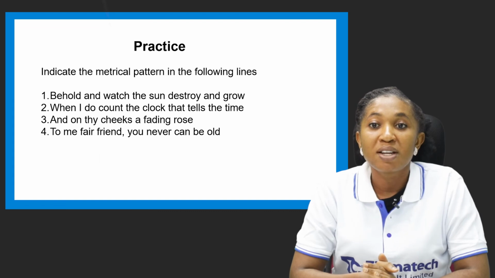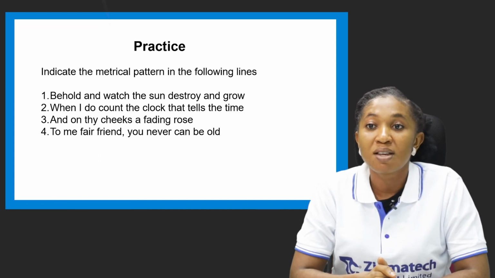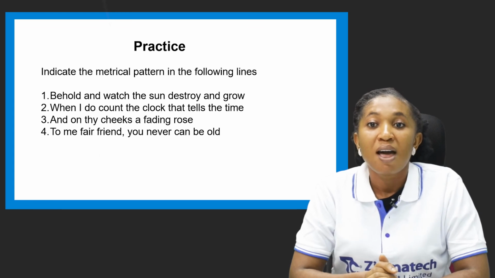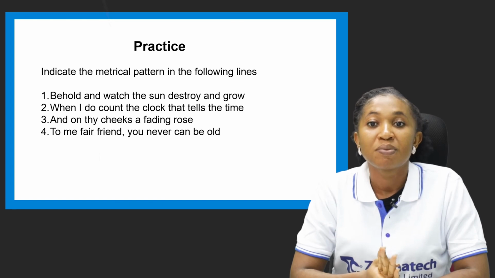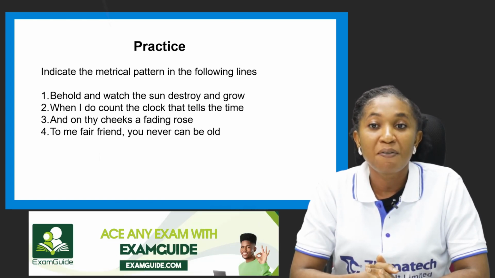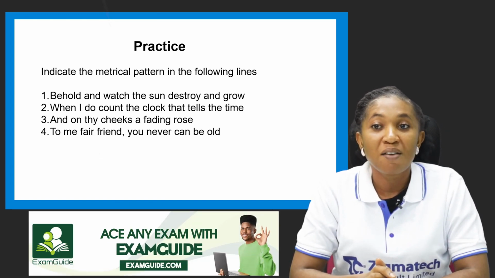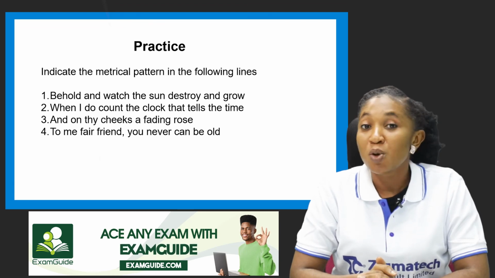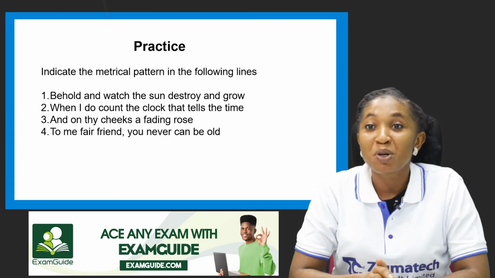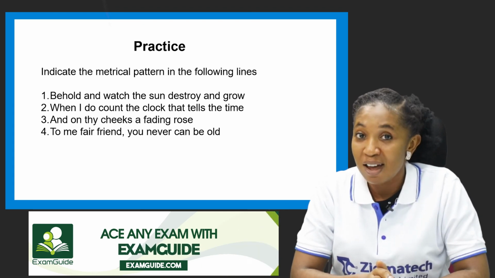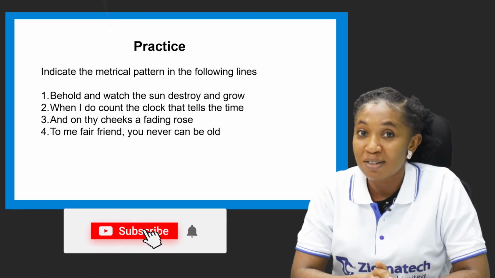Second one is, "When I do count the clock that tells the time." Number 3 is, "And on thy cheeks a fading rose." Number 4, "To me, fair friend, you can never be old." So tell me, what are the metrical patterns in these lines? I'll be waiting for your comments.